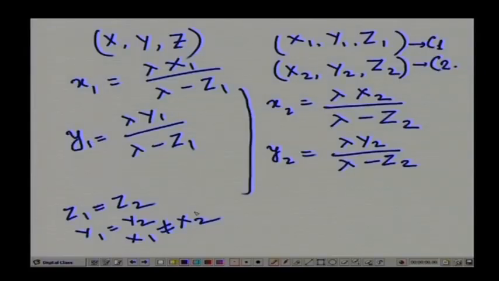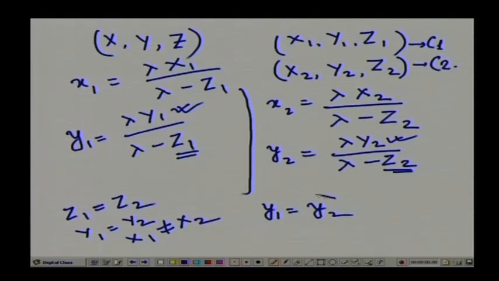So, for both camera coordinate systems, the y and z coordinate values will be the same, whereas the x coordinate will be different. Since Z1 is equal to Z2 and Y1 is equal to Y2, among the image coordinates on the two images, y1 will be equal to y2.